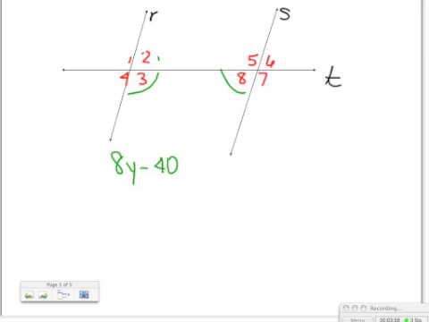Angle 8 has a measure of 2y plus 20. And when I add them together, they are supplements. And we would go on and solve that equation for y. Y actually equals 20. Okay? Turn the page.